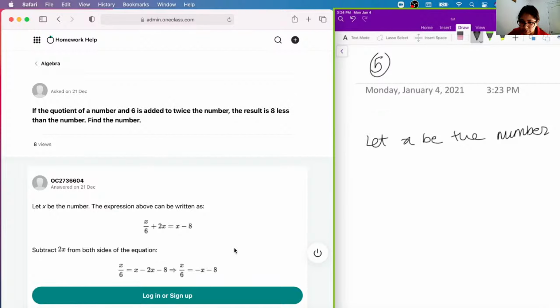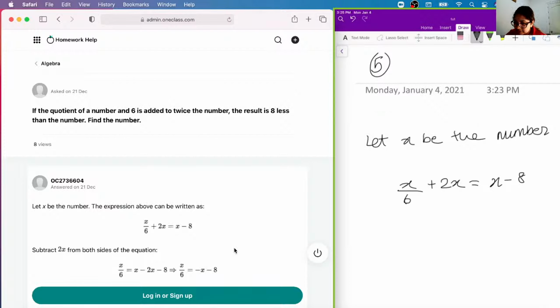A quotient basically means you're dealing with division. So we can say x/6, plus twice the number, which is 2 times x, is equal to the result, which is 8 less than the number. So it's going to be x minus 8, since we're talking about the number, but it's 8 less than that. Whatever the number is, you just subtract 8 from it.